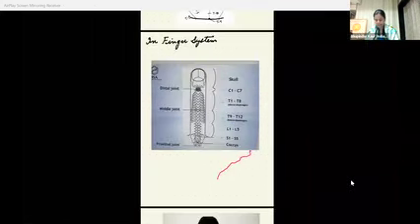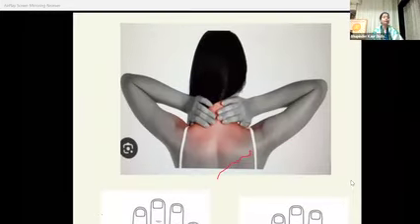Now, for example, the patient has cervical pain. Yes, cervical, this is the back of the neck. Sometimes you know which vertebra is having a problem, and sometimes you don't know, just general. Patient can say that I have pain here, then where to do treatment.